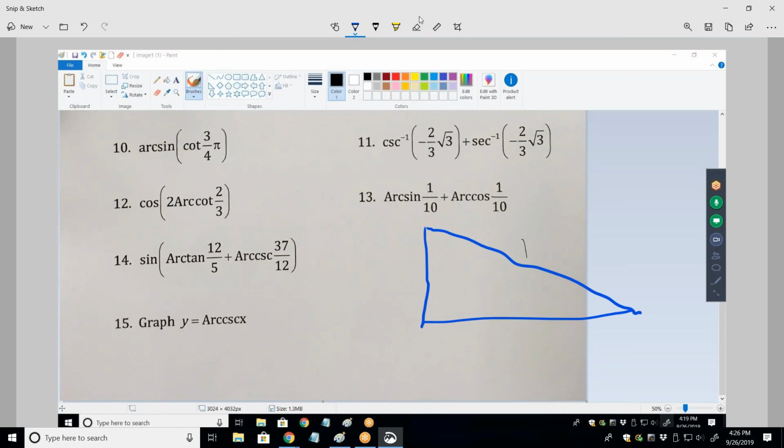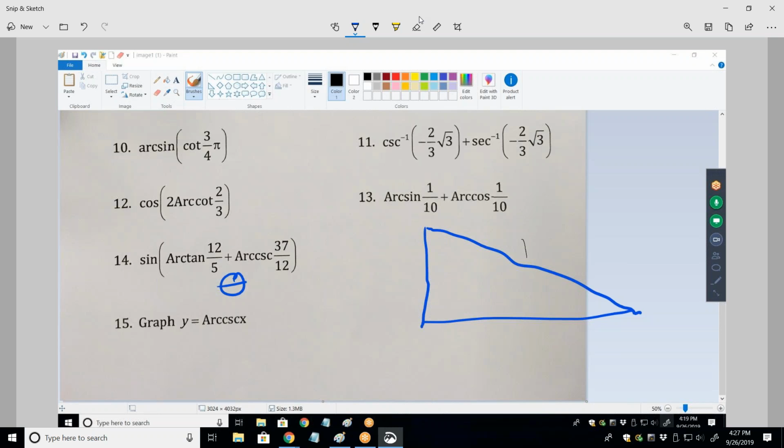12, if we let that angle be theta, the problem you might have is that I don't have any way of dimensioning the triangle, because the theta is the sum of 2 angles.